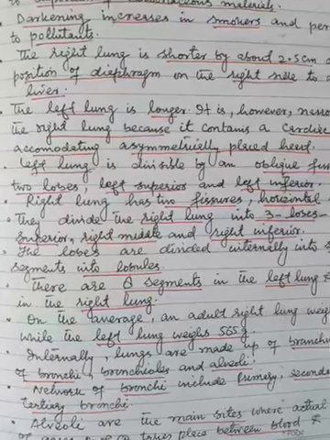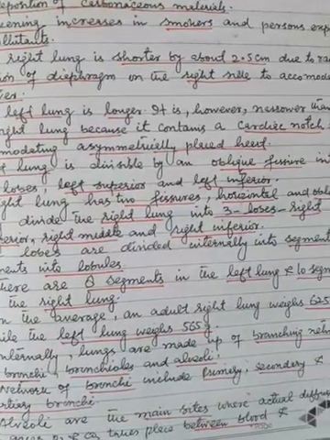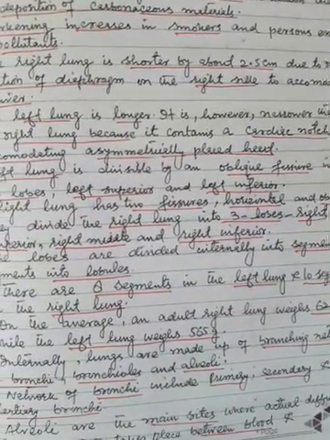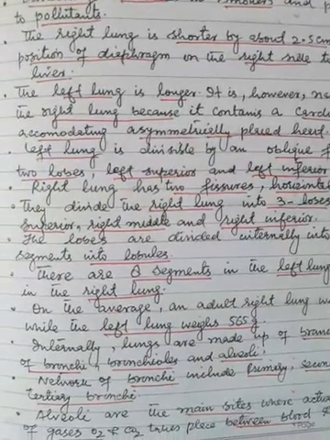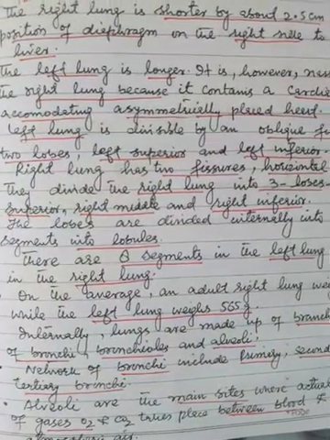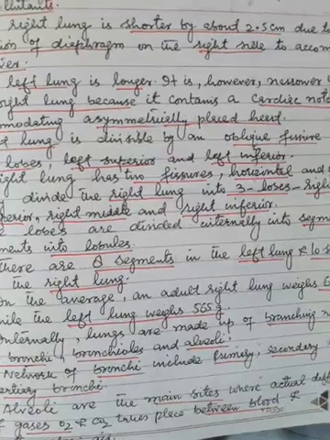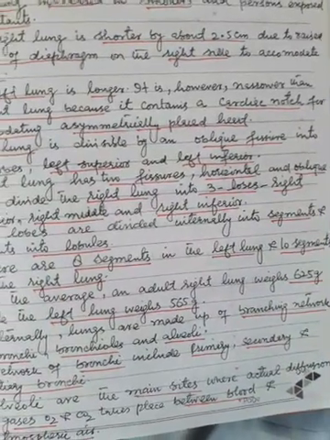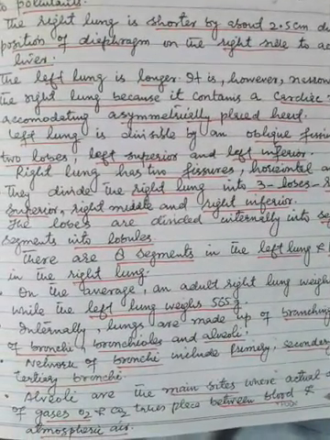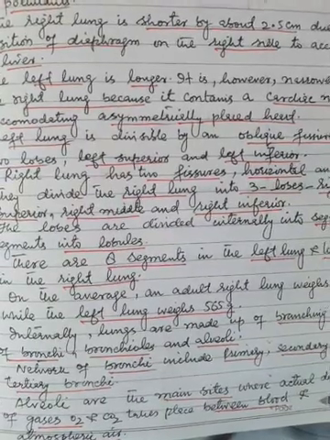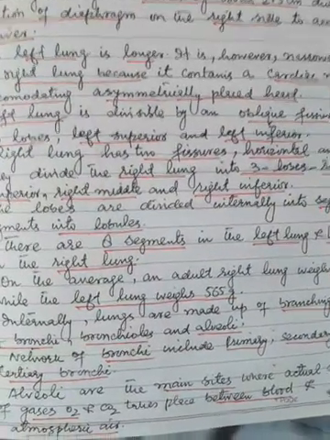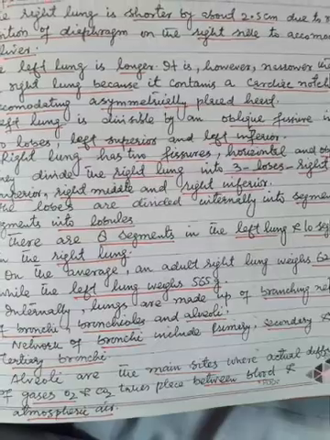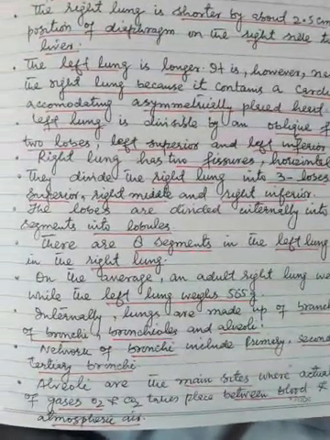The network of bronchi includes primary, secondary, and tertiary bronchi. Alveoli are the main sites where actual diffusion of gases, oxygen and carbon dioxide, takes place between blood and atmospheric air.